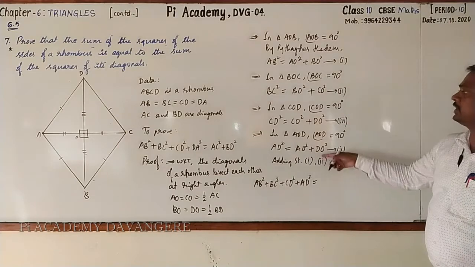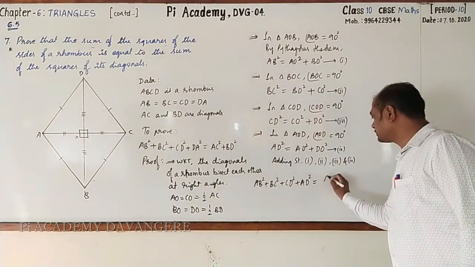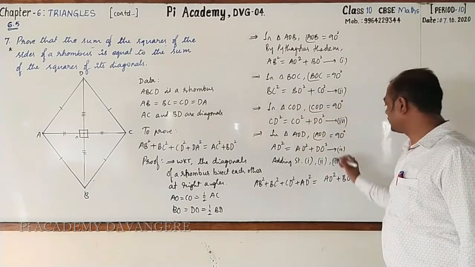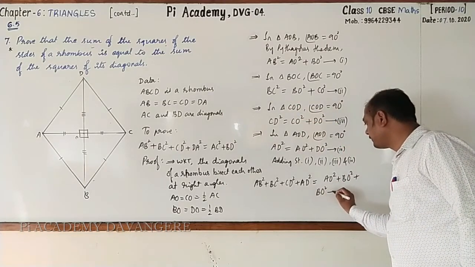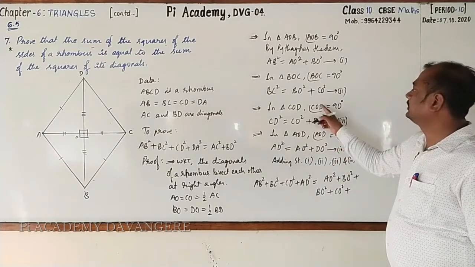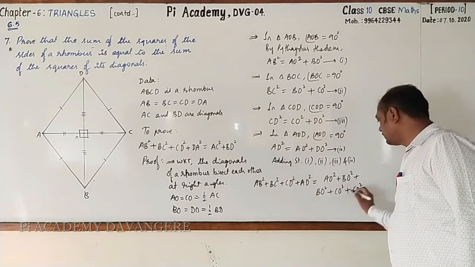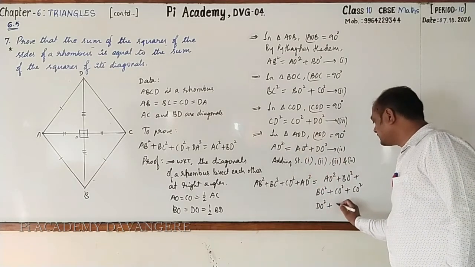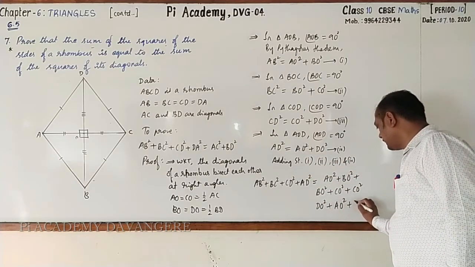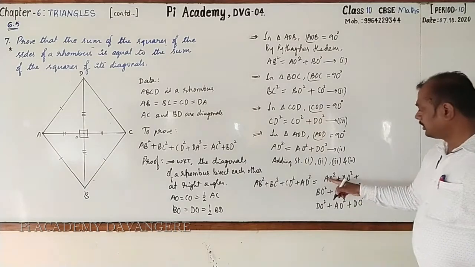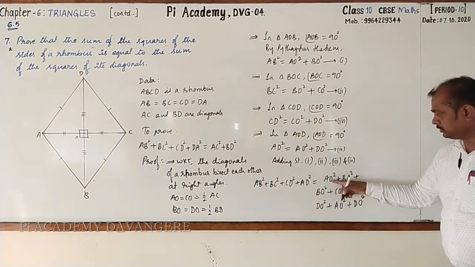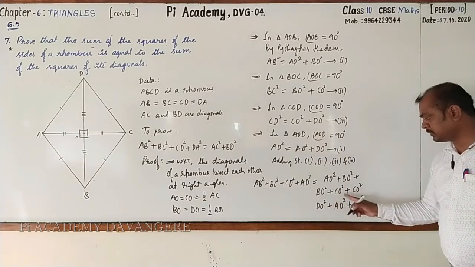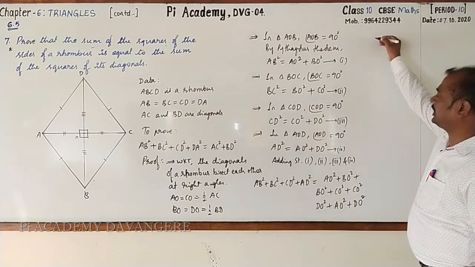Then add the RHS part: AO square plus BO square, plus BO square plus CO square, plus CO square plus DO square, plus AO square plus DO square. Observe, by observing all the RHS part, you can see that AO square is repeated 2 times, BO square, CO square, and DO square as well.